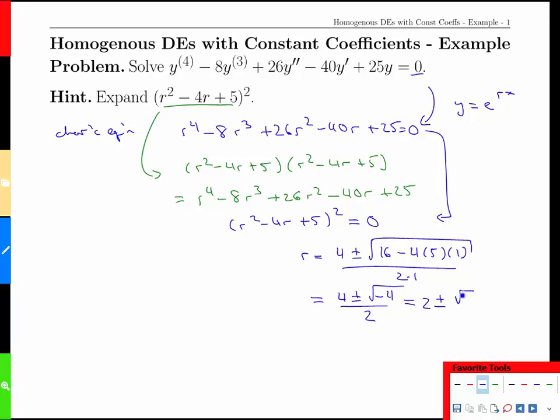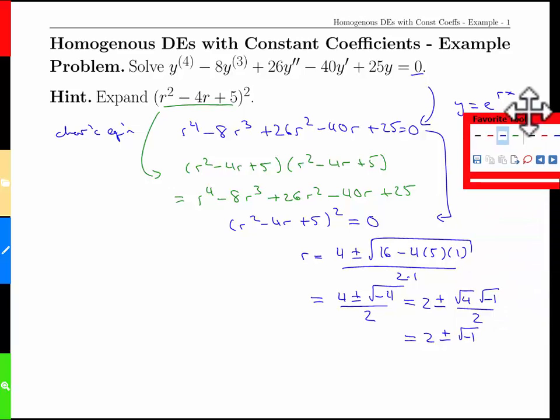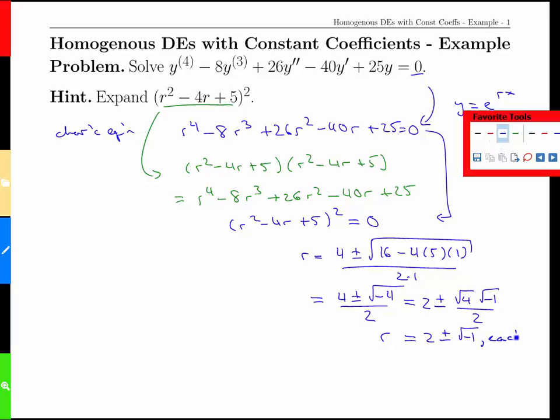It'll be the square root of 4 times the square root of 1 times the square root of negative 1, my apologies. And that's going to be 2 plus or minus the square root of negative 1. All right. And that is all squared. So what we're going to have are these values of r, each with multiplicity 2.